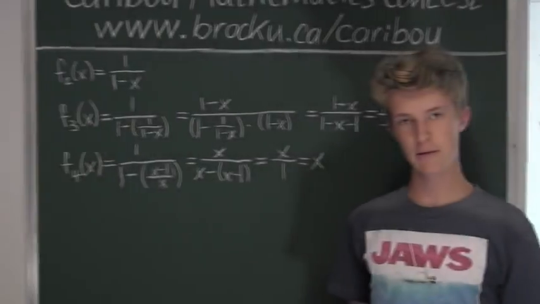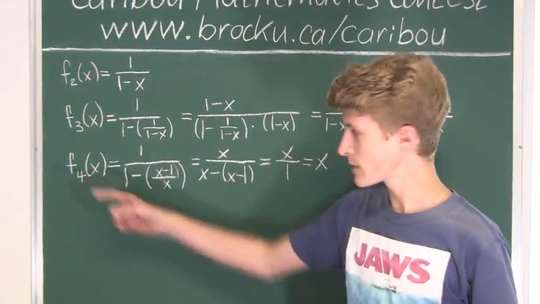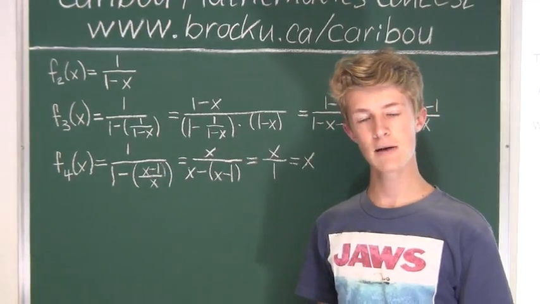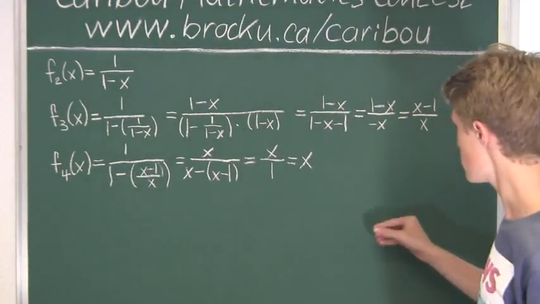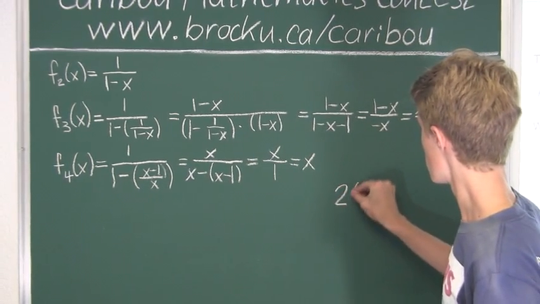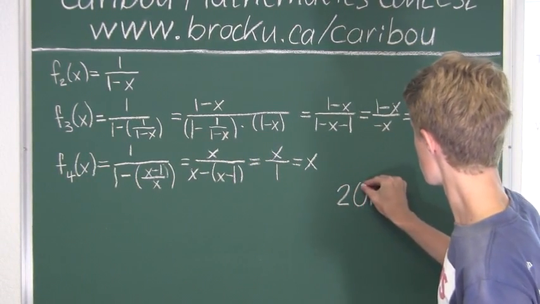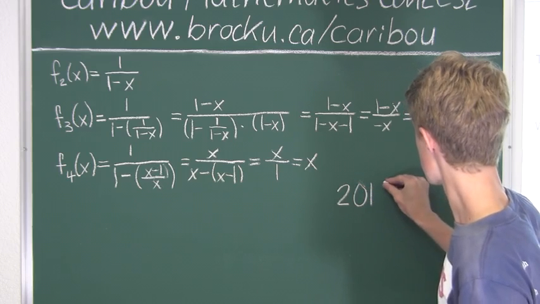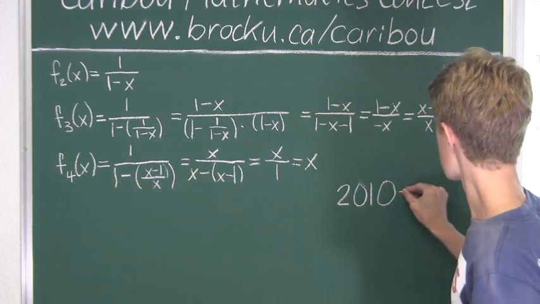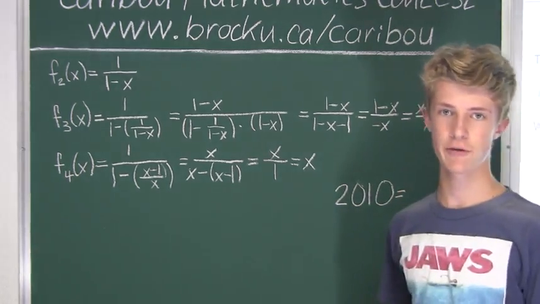So we have 2014 minus 4, which is 2010. Now we will check if 2010 is a multiple of 3.